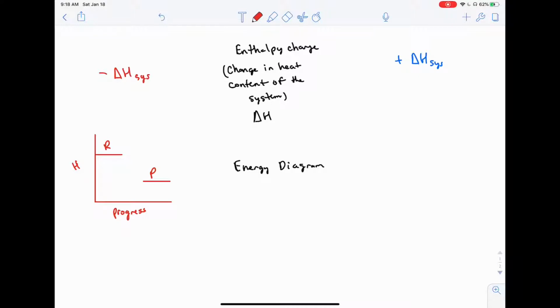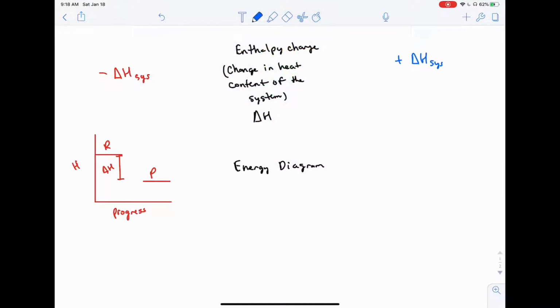Yes? Yeah. Okay. So the whole process, don't worry about the whole activation energy that we talked about earlier. Really, all they're looking for here to represent exothermic is the change in heat content from the reactants to products. And this area right here is your delta H of the reaction.